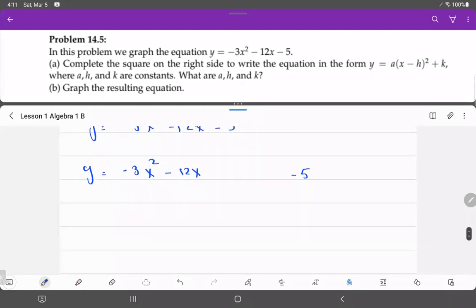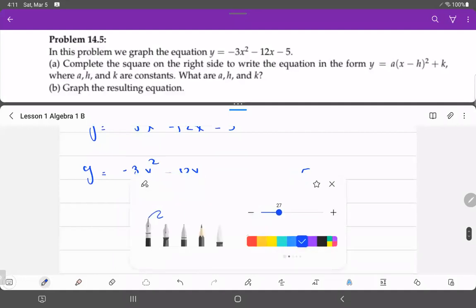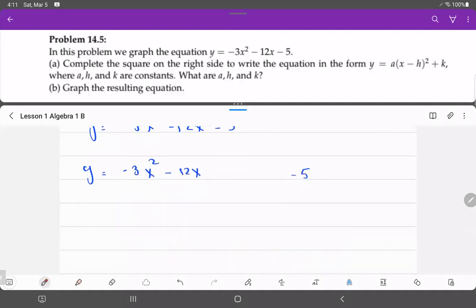So what I'm going to do, one student is going to say, well, how do you factor out? What about this? No, this is not out of the game. Our goal is to complete the square here. So I'm going to factor out the -3 from here only.